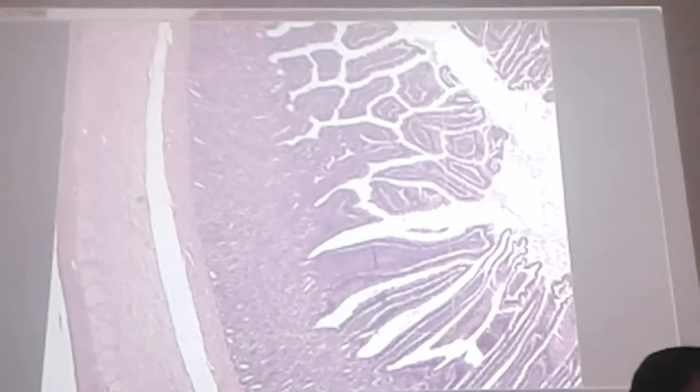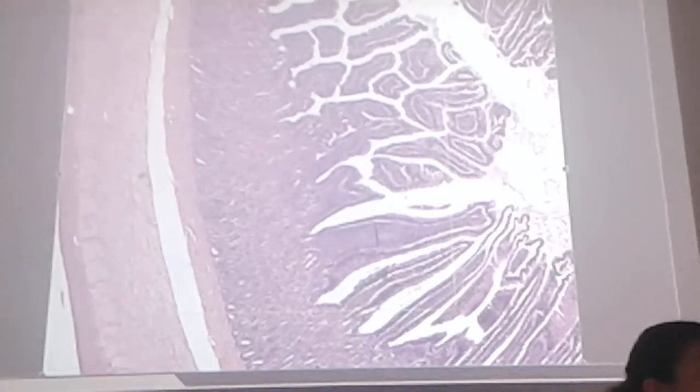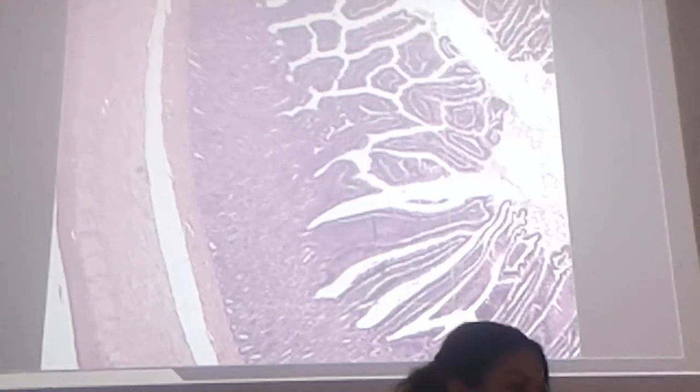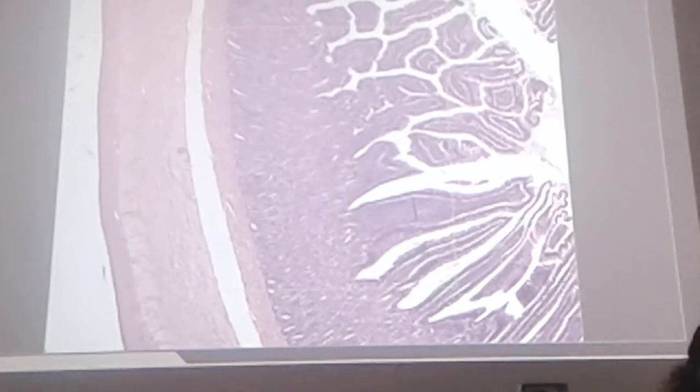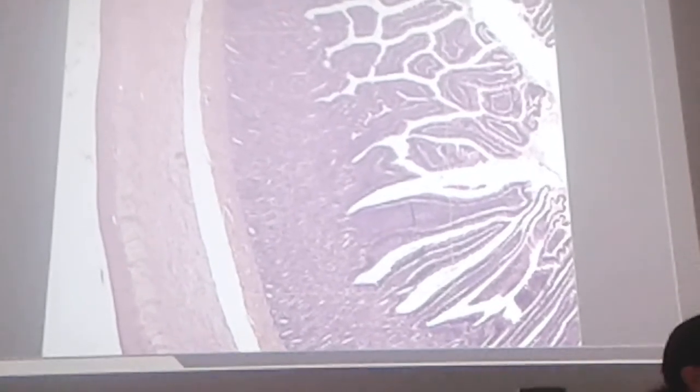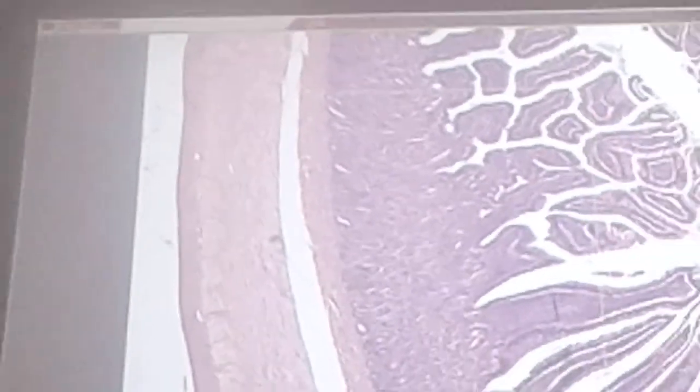Today we would like to focus on this side, the muscle layer of the duodenum. Okay, so this is the muscle layer of the duodenum, and as you will see, there are two different sections of the muscle in the duodenum.